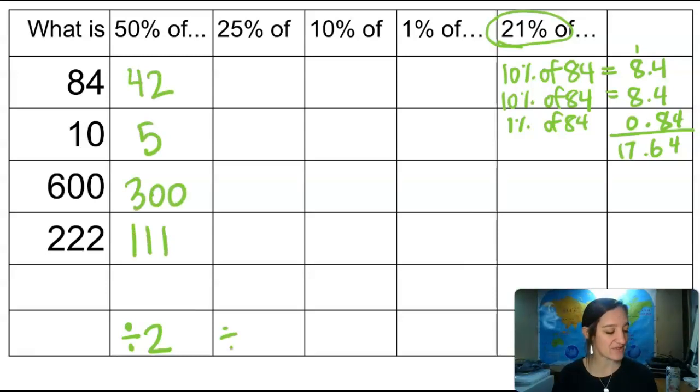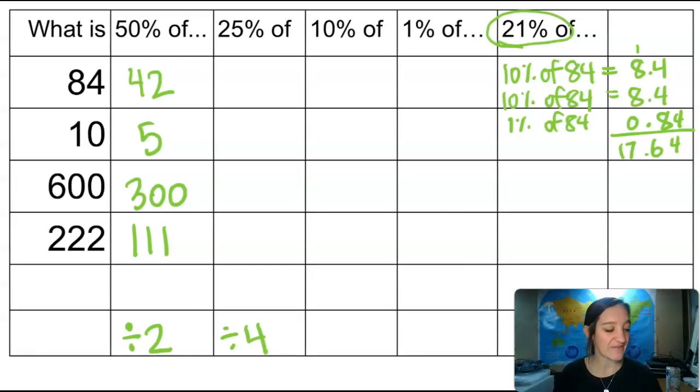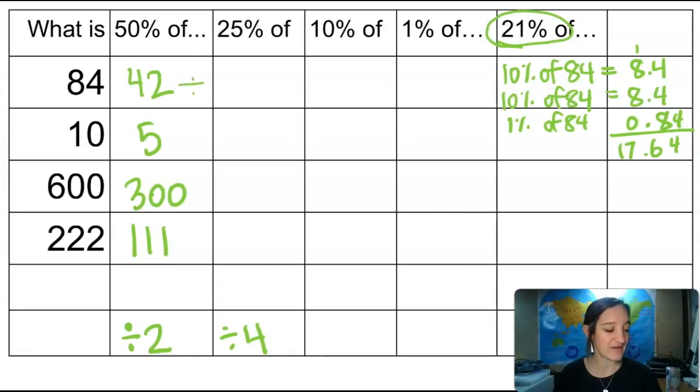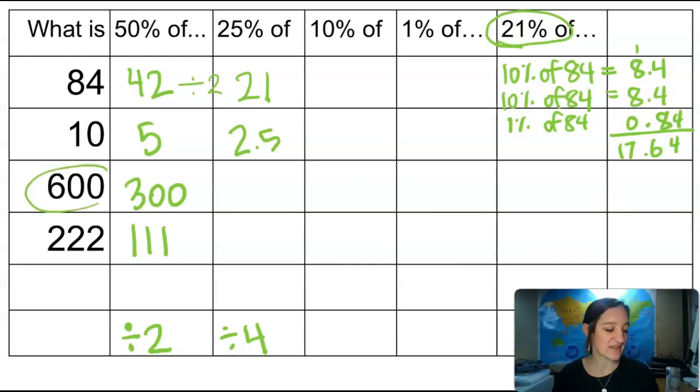Now for these, I'm going to divide by 4. I'm going to cut them into half, or cut them into half again. However you'd like. Since you've already got half, you could take these and divide them by 2 again and get 21. Or you can just take this and in your white space, divide it by 4 and get 150.